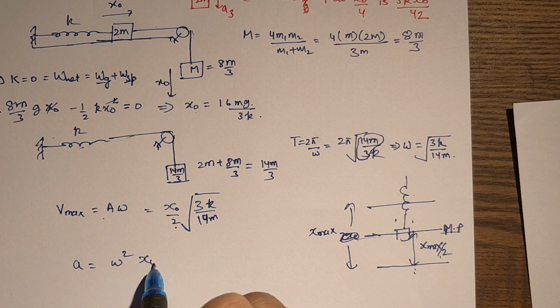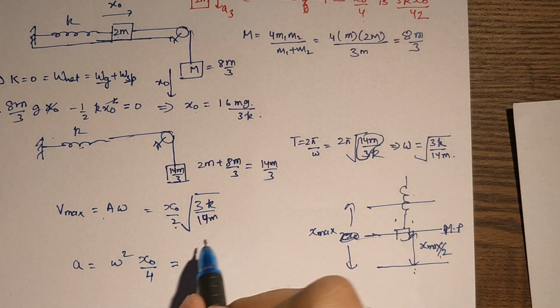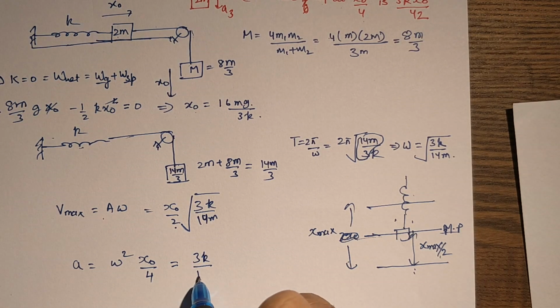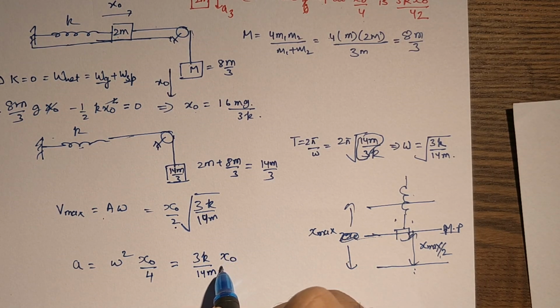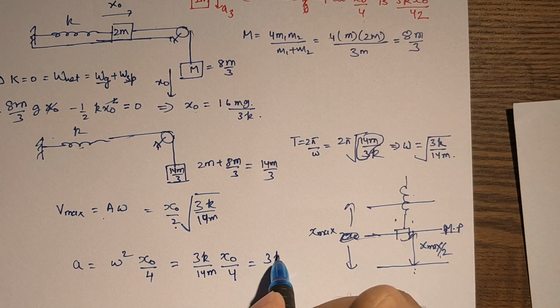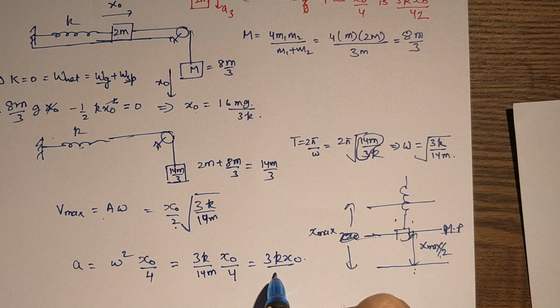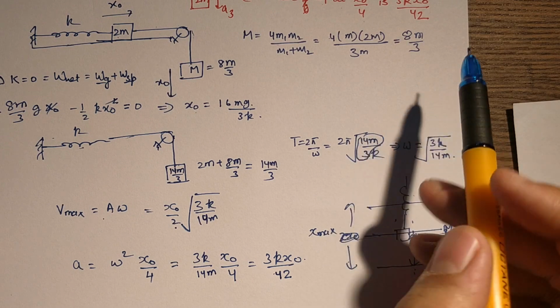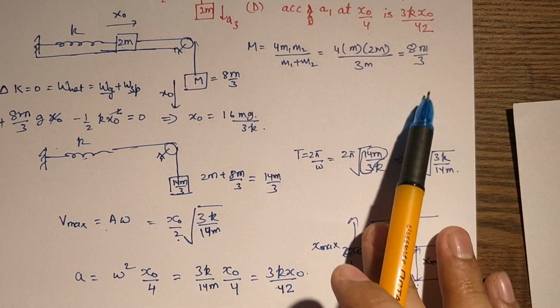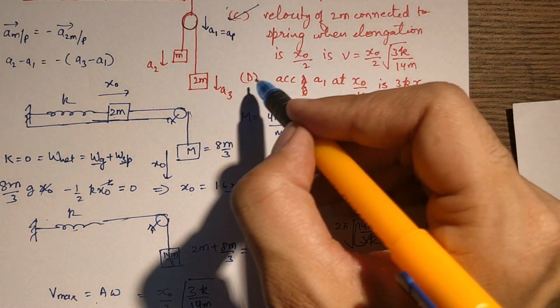Here elongation is given as x naught by 4. Omega square is 3k by 14m multiplied by x naught by 4, so this will be 3k x naught by 56m. You can see that this is your answer, and that's what is given in the problem, so this option will also be correct.